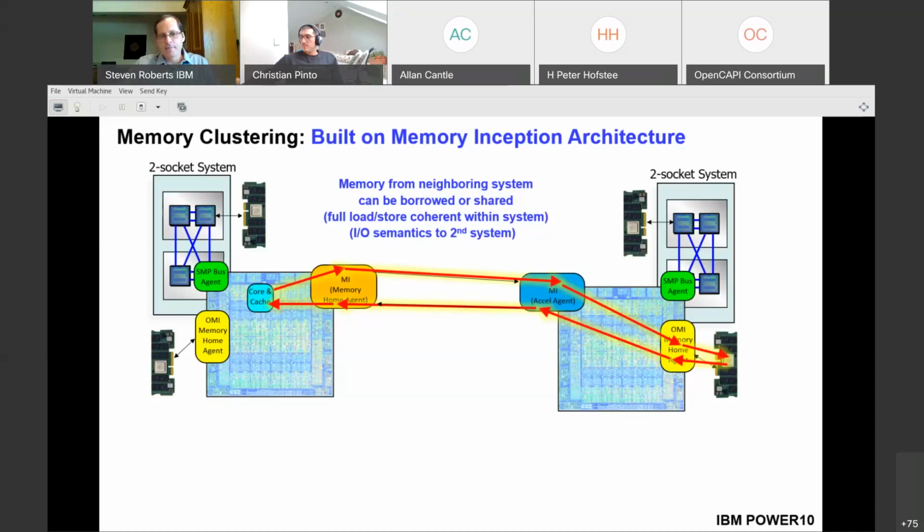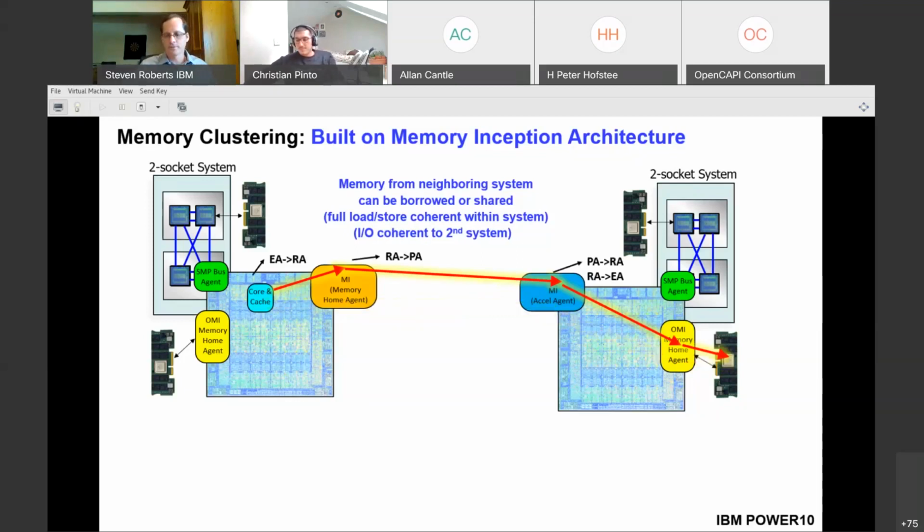So effectively here, the MI home agent is acting similar to the OMI memory agent, at least in principal function, except that the memory map allocated, the memory regions set up, the memory bar setup in the MI memory home agent are of course different than the OMI home memory agent. But for a practical example, they're serving a very similar function here from a programmatic point of view.